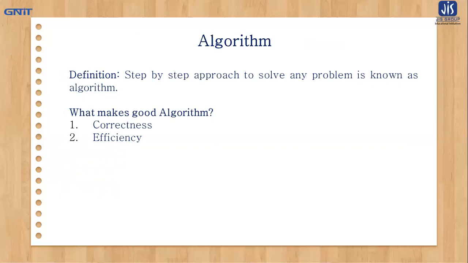Next is, our subject name was data structure and algorithm. We have learned the introduction part of data structure. Now we have to know what an algorithm is. Suppose someone has asked you to prepare tea. So what will one do?